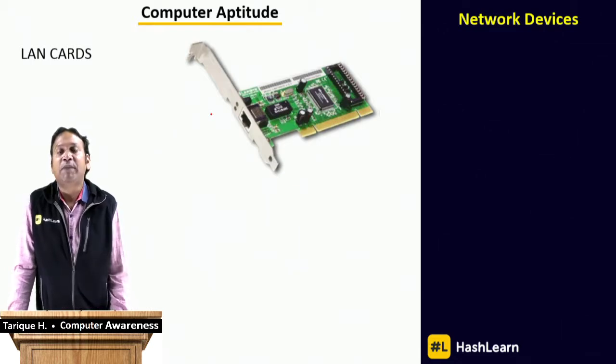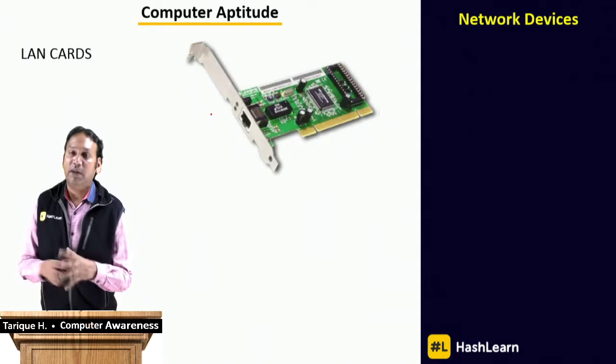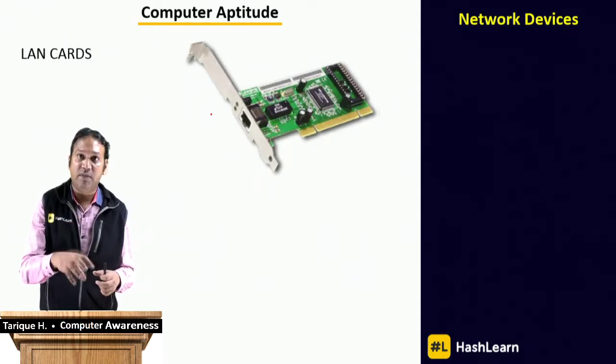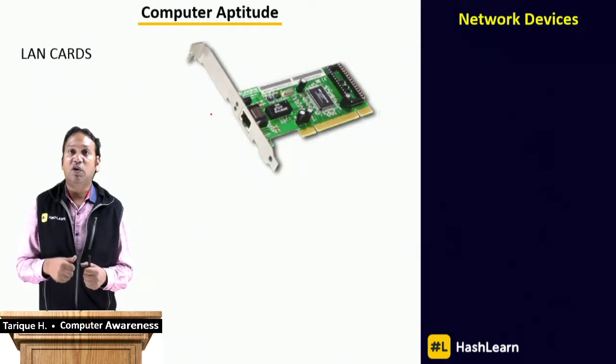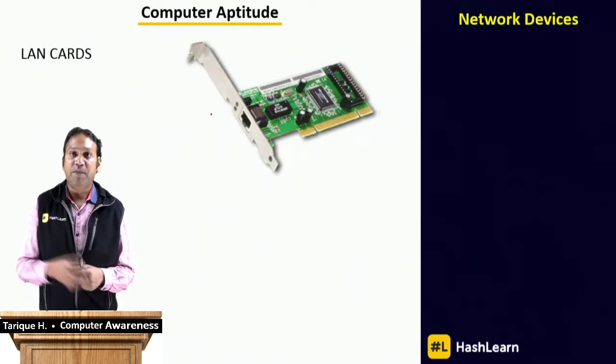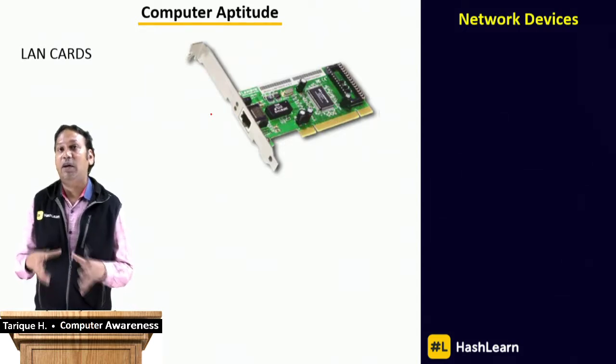It looks like this. It can be plugged into your motherboard. The computer has a motherboard. It is a master chip board in which your central processing unit, CPU, is there, your RAM is installed, and it's connected to the hard disk and other devices through buses. You'll see a motherboard in every electronic computing device.